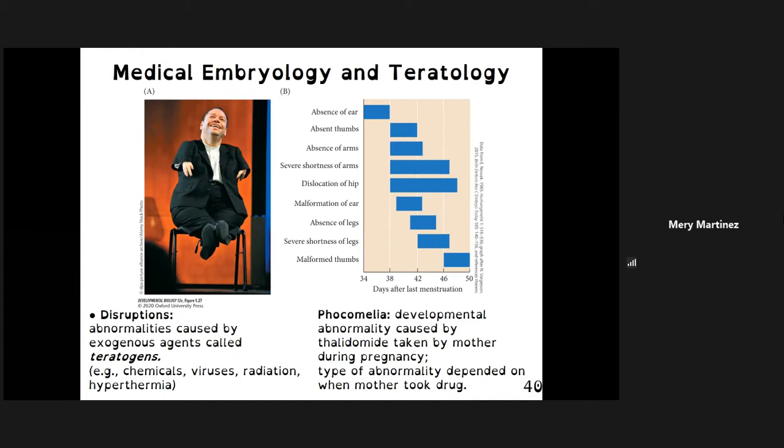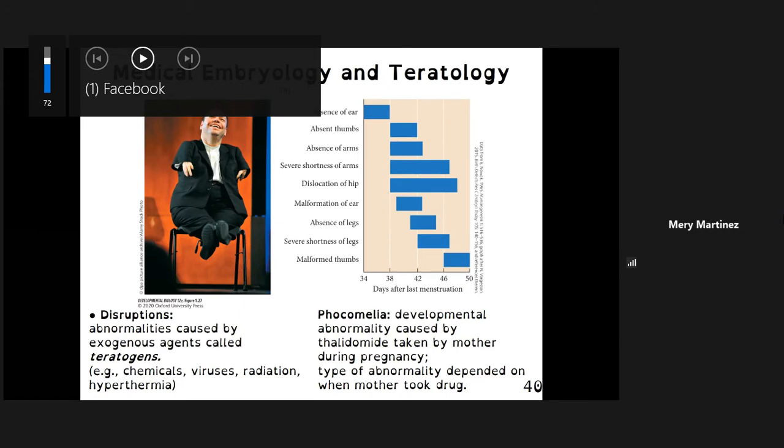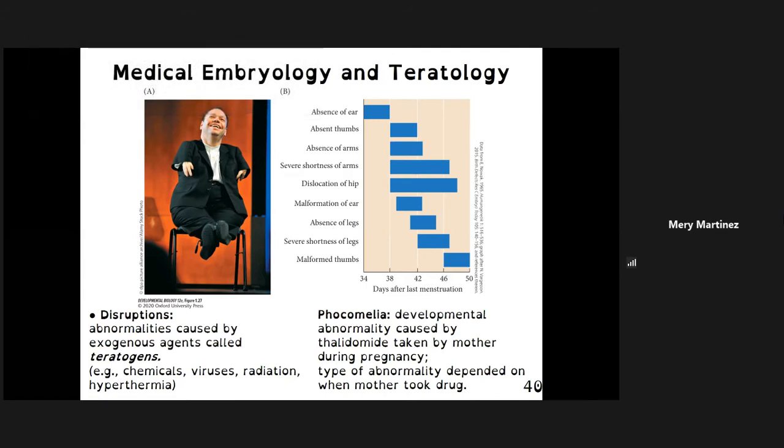This use of thalidomide is one of the biggest tragedies in modern times. We believe there is an estimate between 10 to 20,000 kids that got affected by this drug. So now we have a little bit more control of drugs.